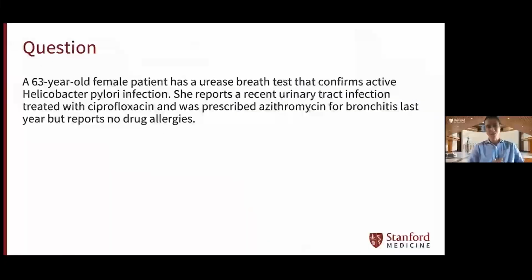This is a 63-year-old female patient that has a urease breath test that confirms active Helicobacter pylori infection. She reports a recent urinary tract infection treated with ciprofloxacin and was prescribed azithromycin for bronchitis last year. The patient reports no drug allergies.